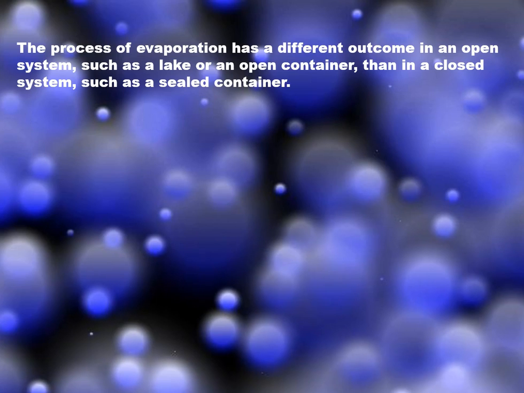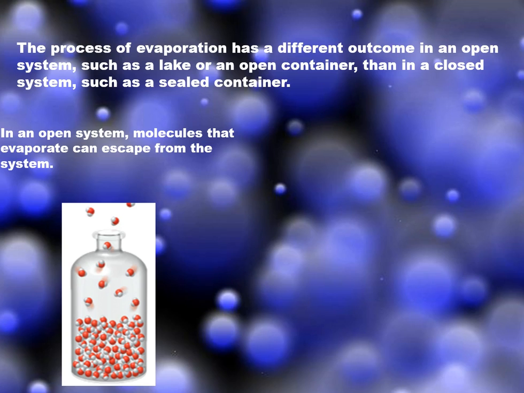The process of evaporation has two different outcomes depending on whether you have it in an open system like a lake or an open container, or if it's in a closed system like in a sealed container. So in an open system, the molecules evaporate and can escape from the system, as we see in this open container. The gas molecules are going to leave the surface of the liquid and go up and out of the container.